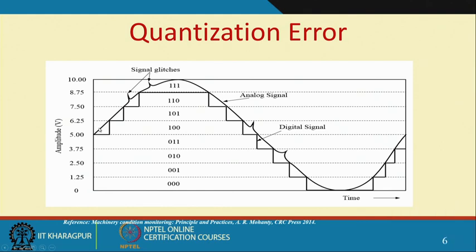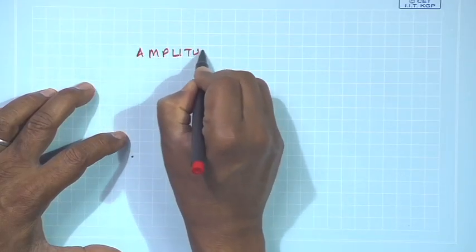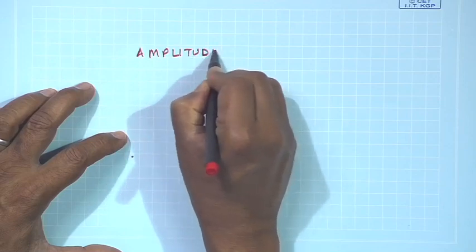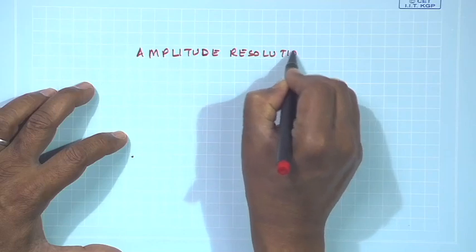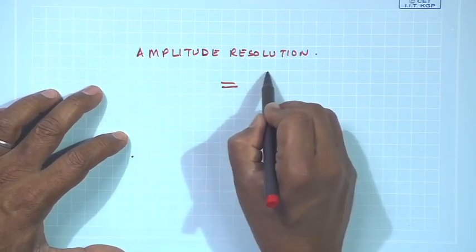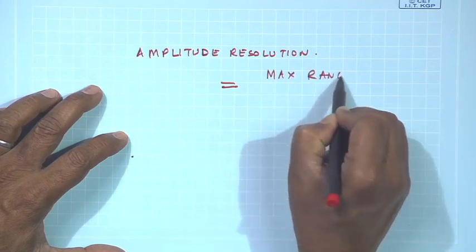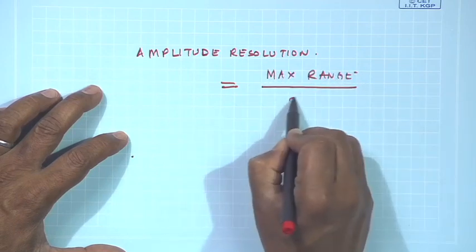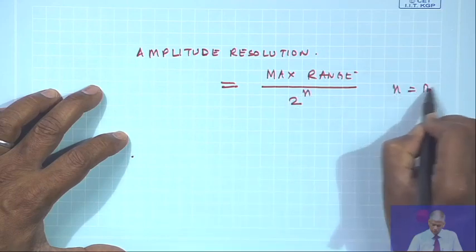So, this amplitude resolution which I am talking about is nothing but the maximum range divided by 2 to the power n, where n is the bit size.